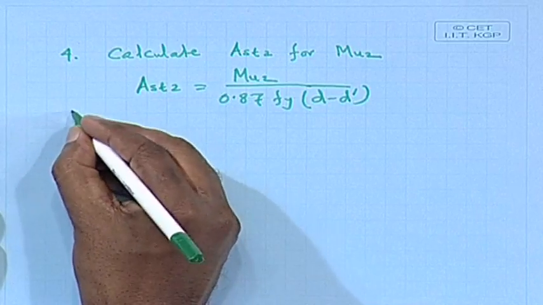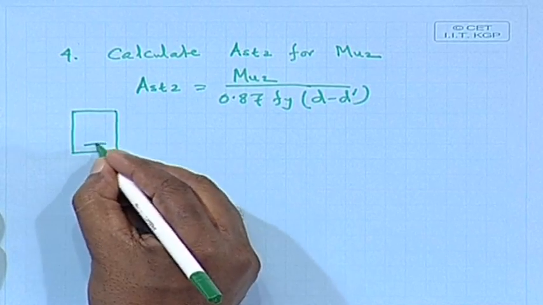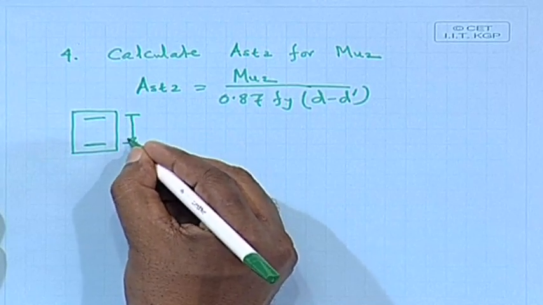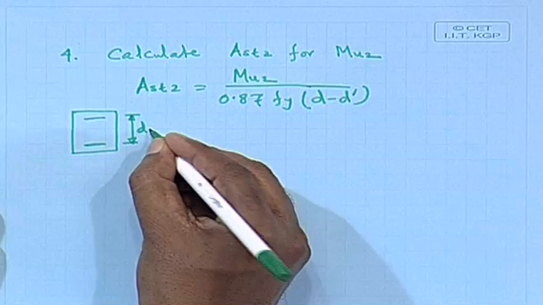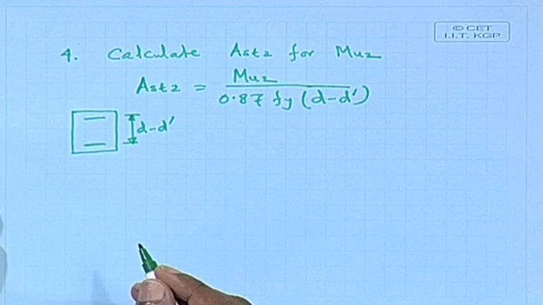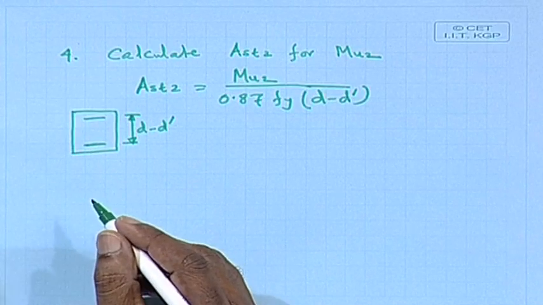For your reference, again we are taking the section and d minus d dash. AST2 means a total area of steel that you are providing.